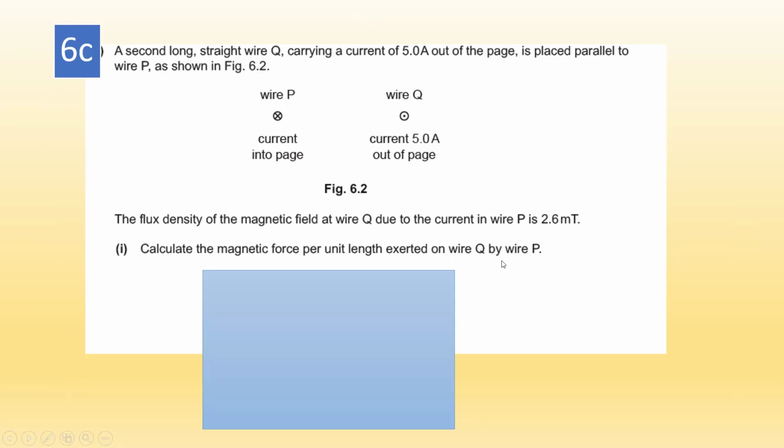F equals BIL, and you want force per unit length, so it's BIL. B, change it to SI unit. There's a current 5. This one will provide the magnetic field on here.